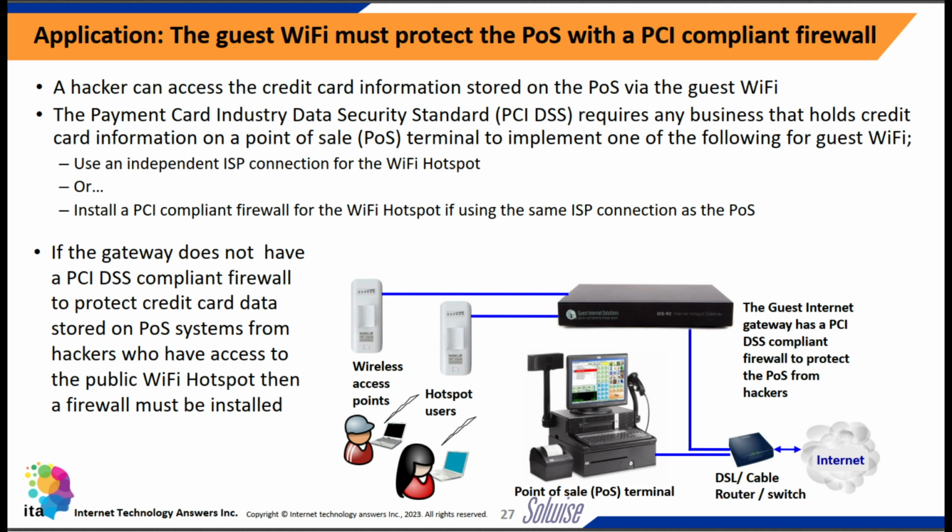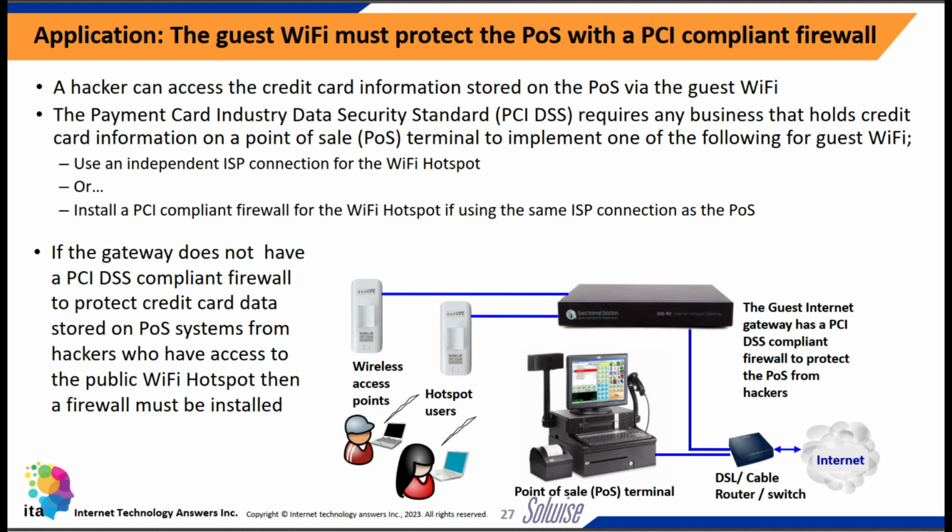I mentioned the firewall. This is actually a requirement if you have a point of sale terminal and you're charging credit cards. That credit card information is in the point of sale terminal. If your business puts a simple wireless access point to provide visitors with access to the internet, then those visitors can access the point of sale terminal and steal the credit card information. Now, you don't have to have a person go to the site to steal the credit card information.